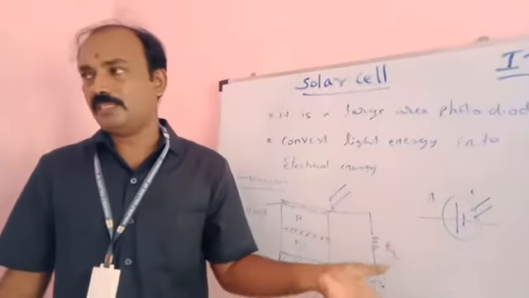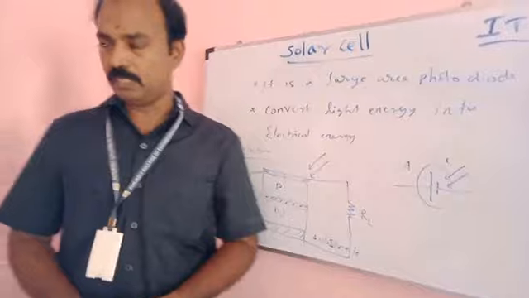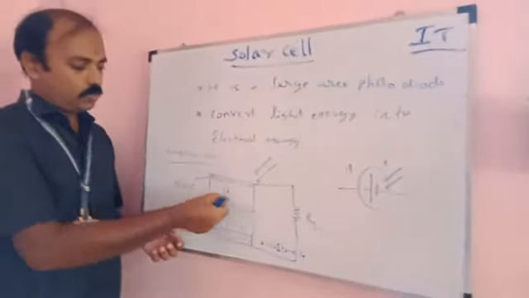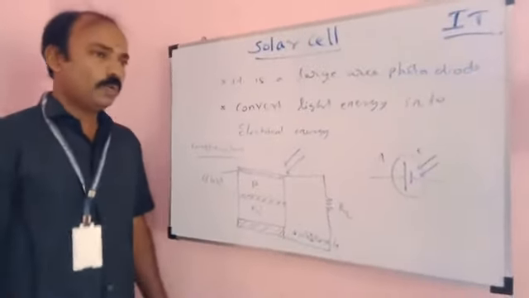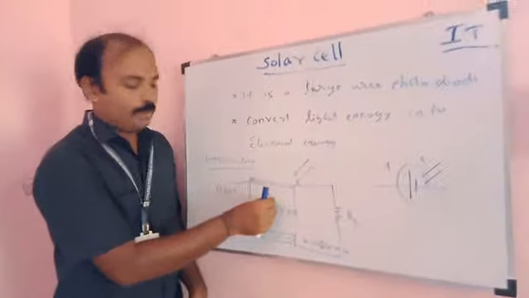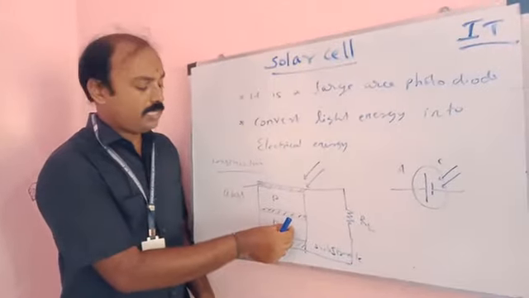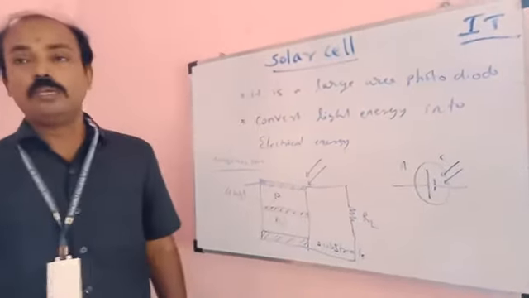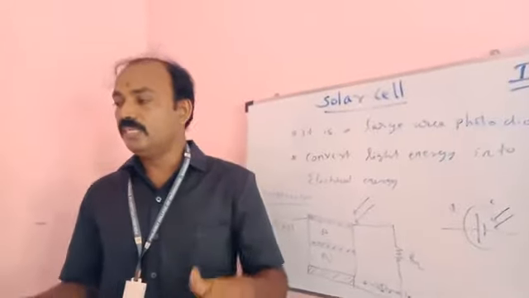Further points: the thickness of the P and N regions in this solar cell is very small, and diffusion also takes place easily. What is meant by diffusion? Positive majority holes entering into the N region, and negatively charged majority electrons from the N region entering into the P region, is explained by the word diffusion.